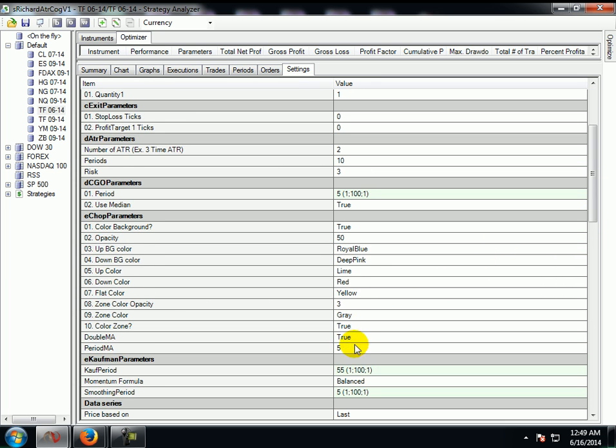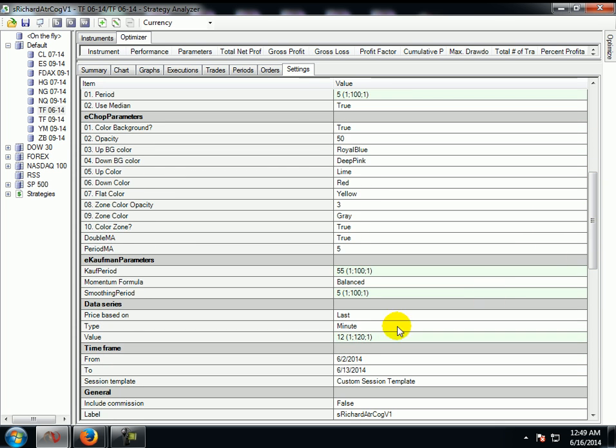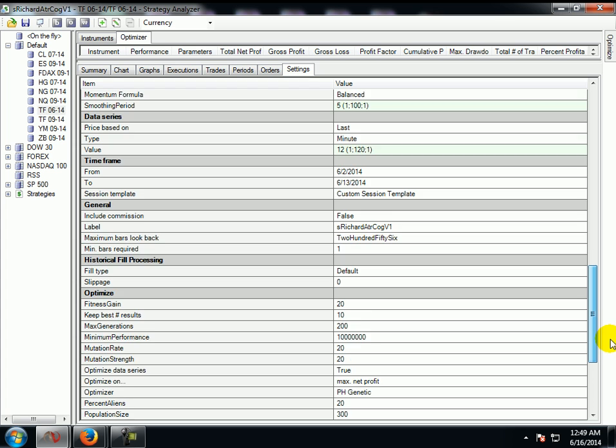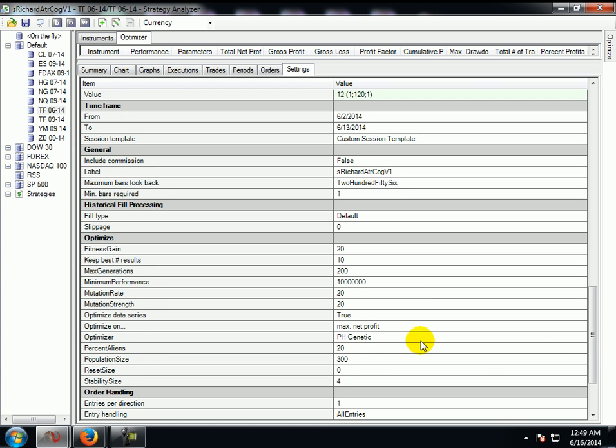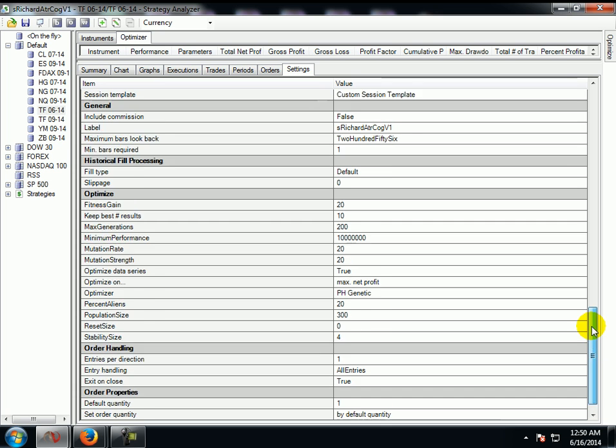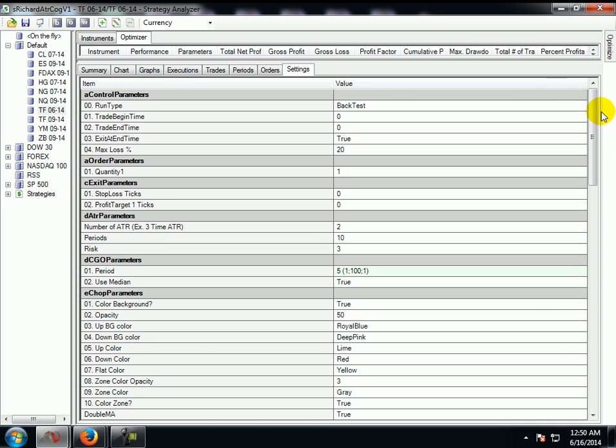Our Kaufman is 55, the balanced formula, and then our smoothing period is 5, and that's on a 12-minute chart for this 2-week period. The rest, their max net profit genetic optimizer. This really doesn't apply when we're running the numbers for this next week.